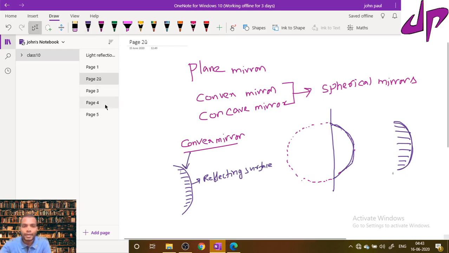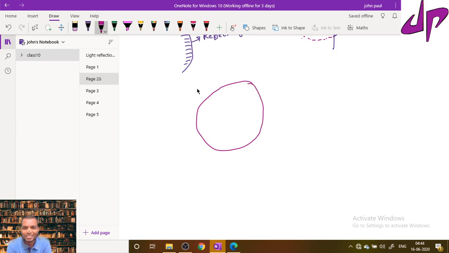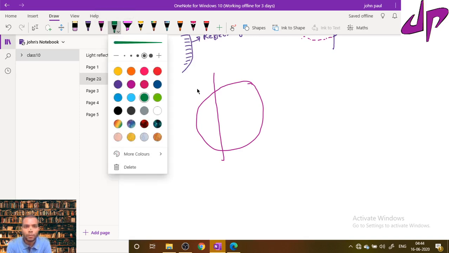Or you can take another mirror from the same spherical surface. Draw a sphere and take this particular portion here.